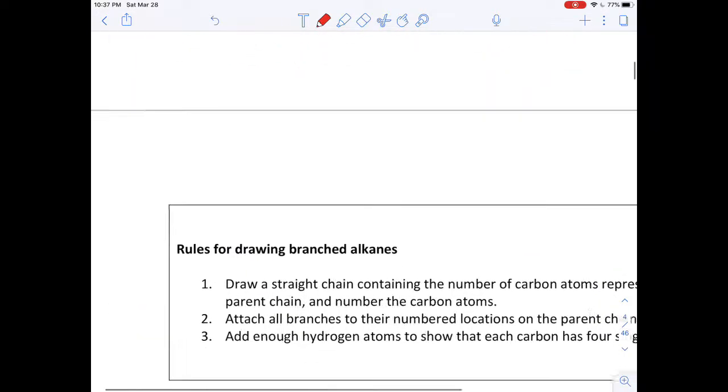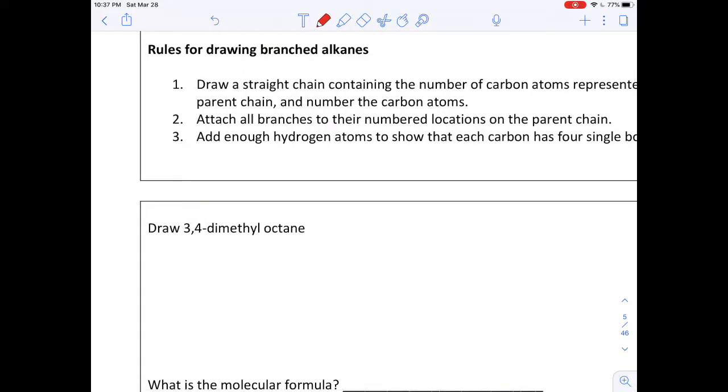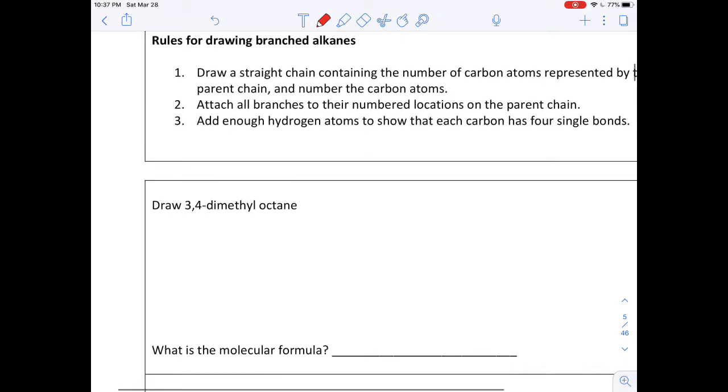When we're drawing these diagrams, it's usually easier. So here I've got a 3,4-dimethyloctane. An octane has 8 carbons. So 1, 2, 3, 4, 5, 6, 7, 8.